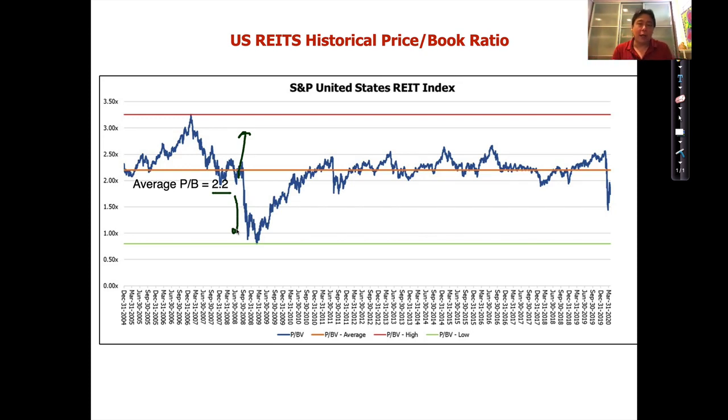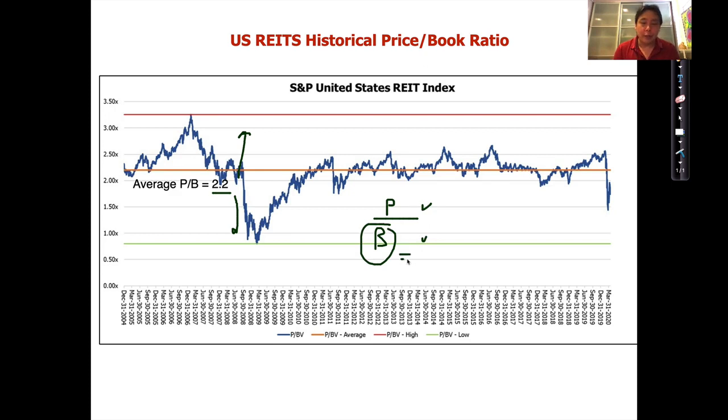Now, the question people ask would be, why is it for US REITs, people are paying a higher price? Why is the price to book ratio double that of the Singapore REITs? Well, the reason is because of accounting rules. The price to book ratio is the price of the share divided by the book value, right?